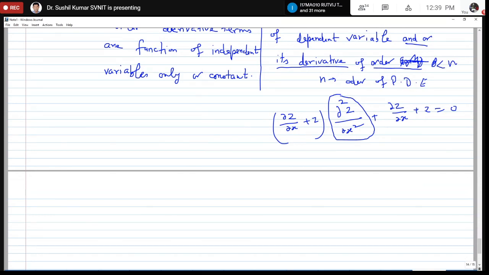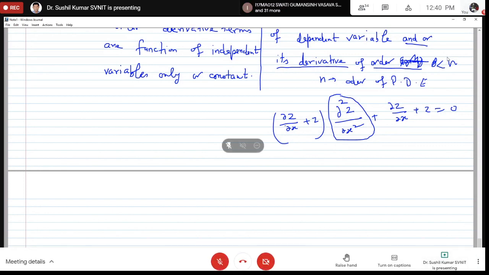It means if it is a differential equation of order 3, then we may have a derivative of order 1 also in the coefficient. Because if it is del 2 z over del x square, then this term will be del 2 z over del x whole square. Then it will be a highly nonlinear equation. So in this coefficient part, we cannot have derivative terms of order n.